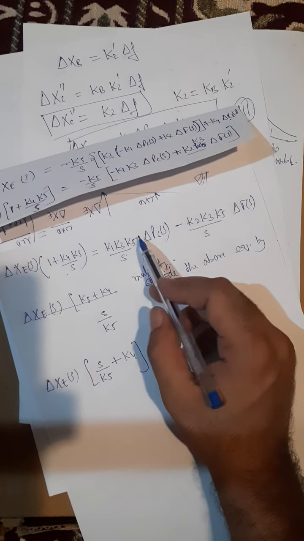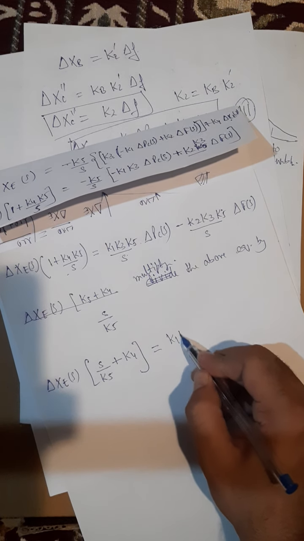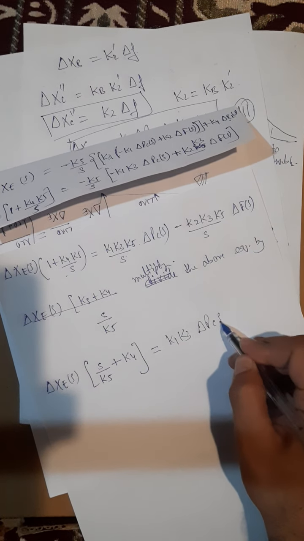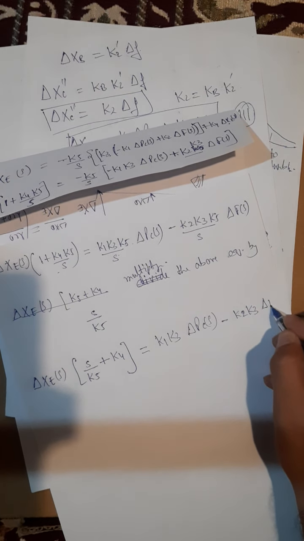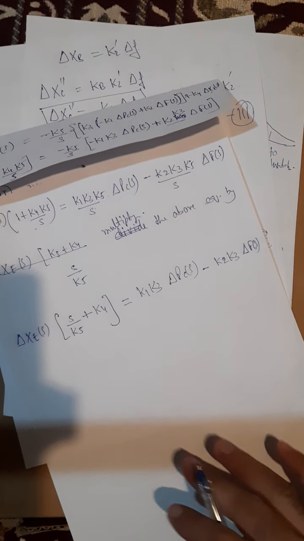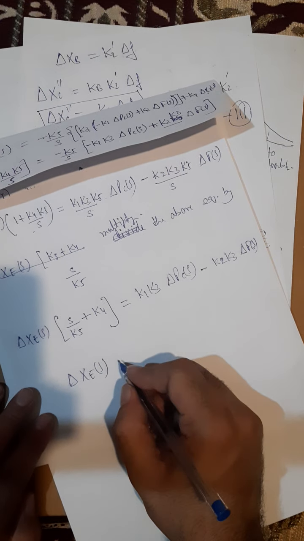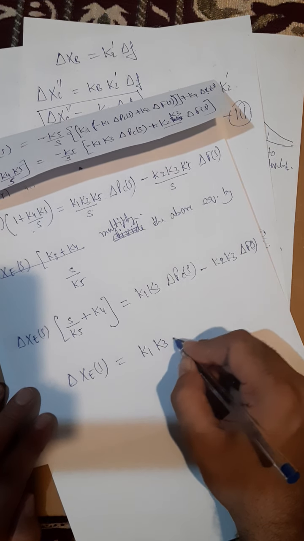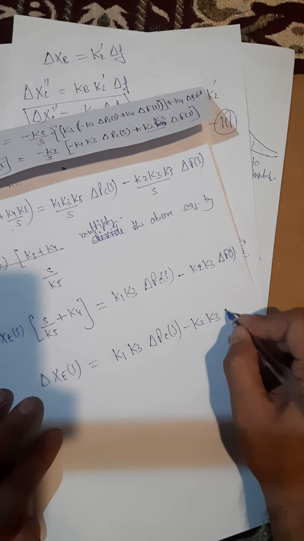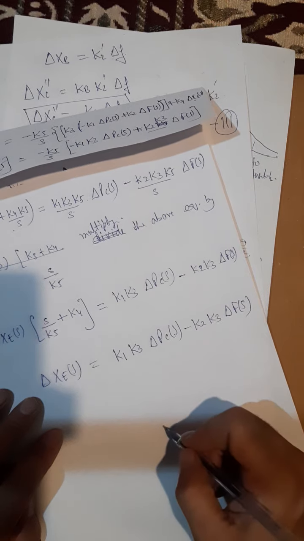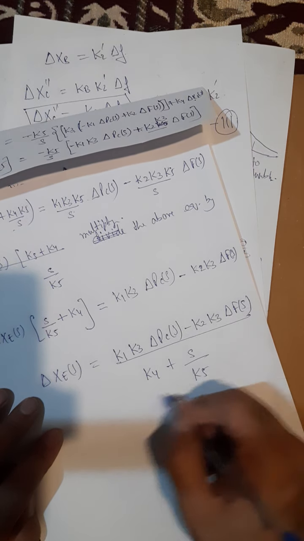Multiplying this term by S by K5, you are left with K1 K3 into delta PCS. Similarly here you are left with K2 K3 delta Fs. Okay, so delta XCS will be equal to K1 K3 delta PCS minus K2 K3 delta Fs, whole divided by K4 plus S by K5.